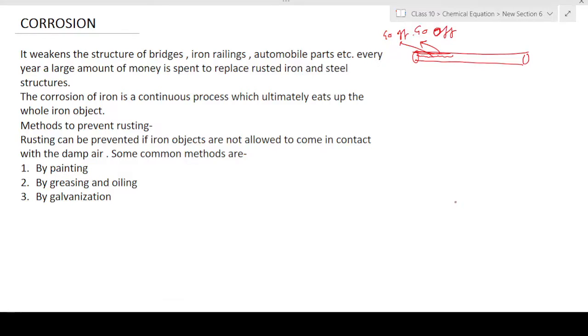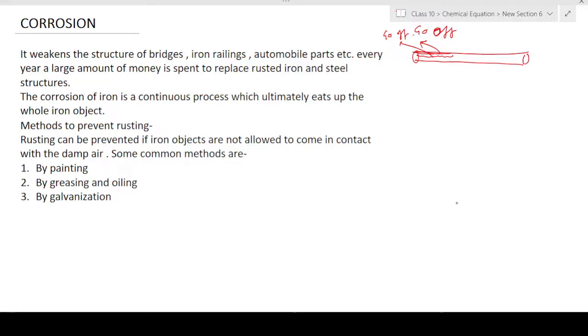So it damages any kind of thing which is made up of metal, especially in the case of iron, like the bridges, the iron railings, or the automobile parts. So every year these parts need to be replaced with a new one. It is a very costly thing basically to purchase the new part every year.